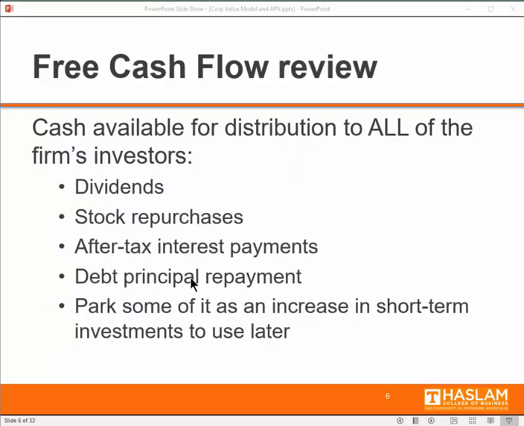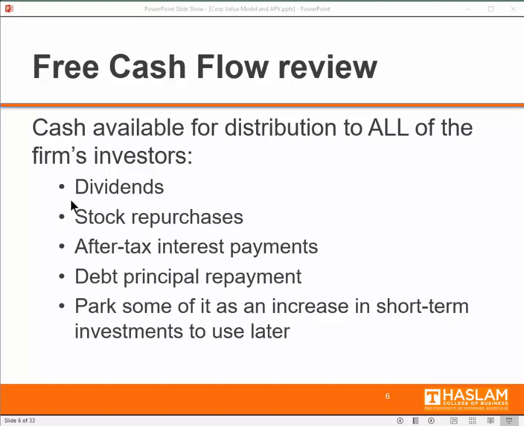Now, the definition of free cash flow, and this is a review again, is that free cash flow is the cash that's available for distribution to all of the firm's investors, and that would be stockholders and bondholders, and if they happen to be preferred stock, then it would be preferred stockholders too. And those cash flows that are distributed to investors consist of dividends and stock repurchases.